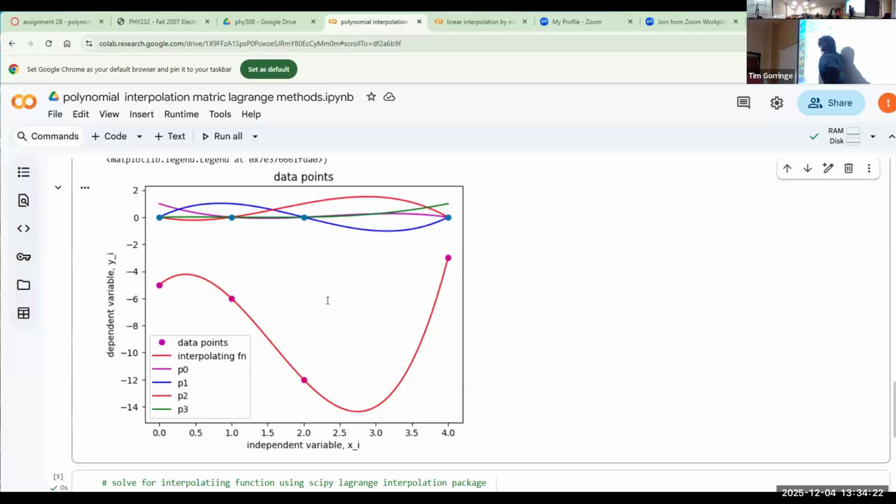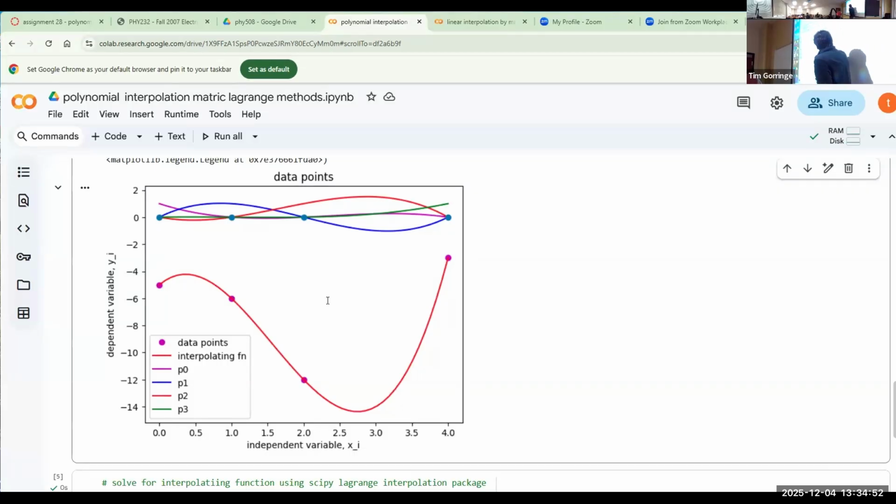I can see from the plot the magenta one is L0 because it's one at the location of the first data point. All the three others are zero there. The blue one must be L1. I can see that because the blue one is one at this second data point. All the other three are zero at that data point.